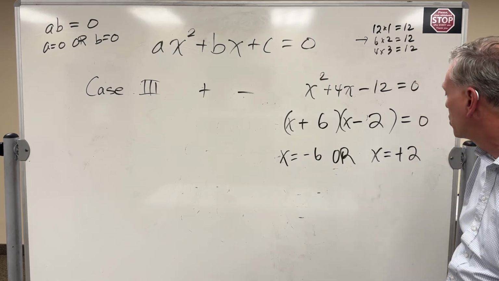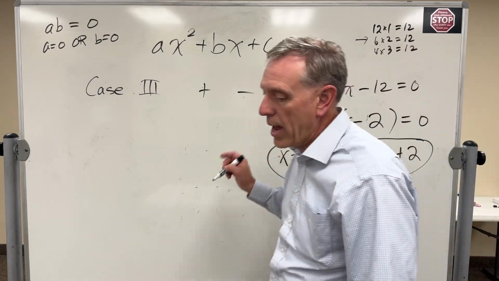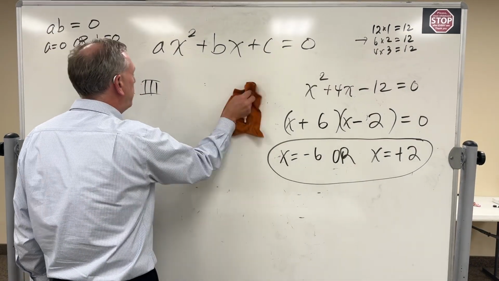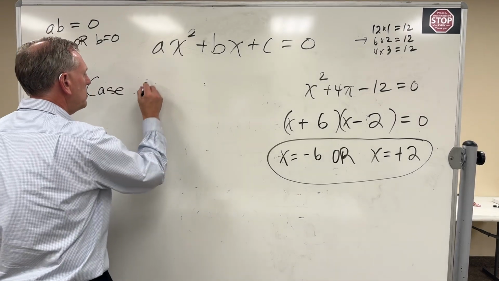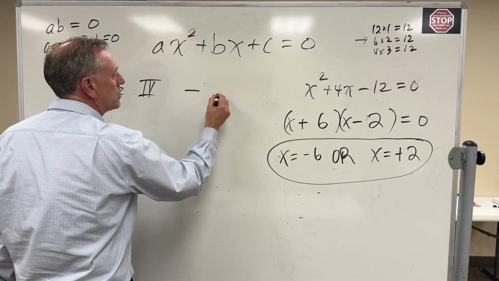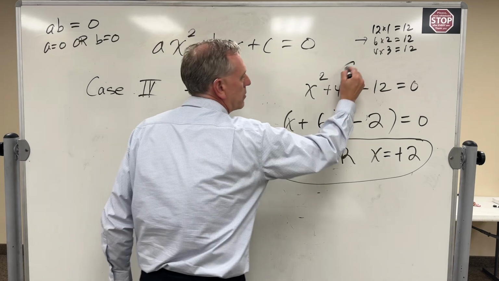So there's our solution set for that one. Now the other case is very similar to this one. In that case 4 looks like this. We have a minus and a minus. And so this is case 3.